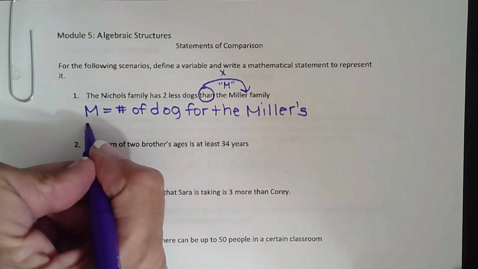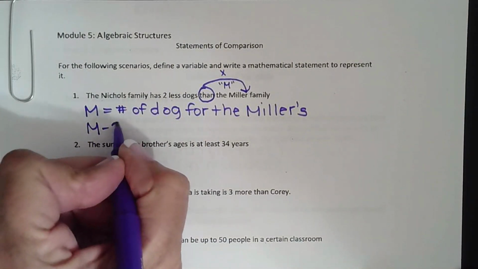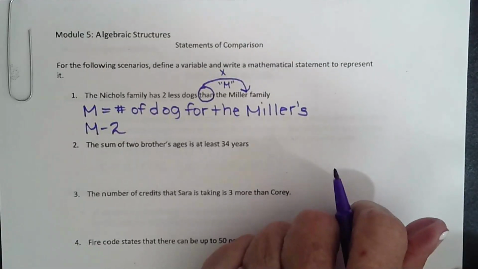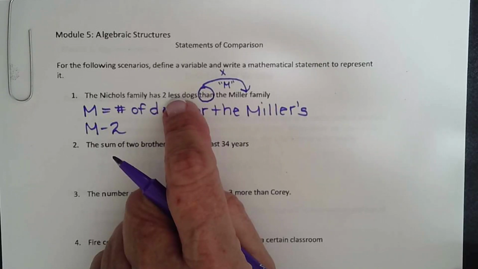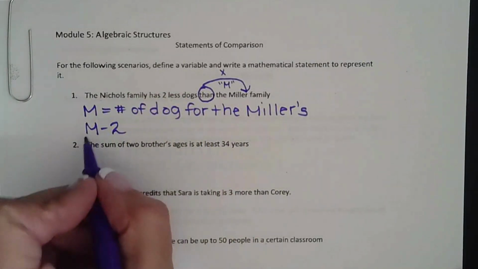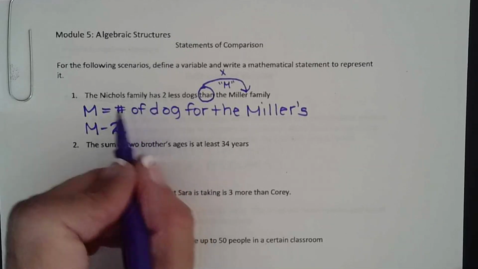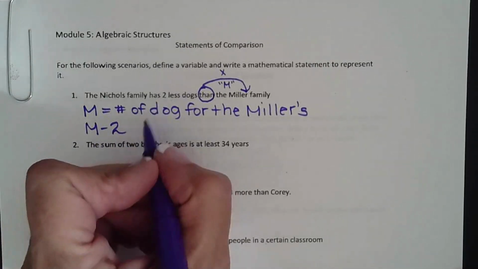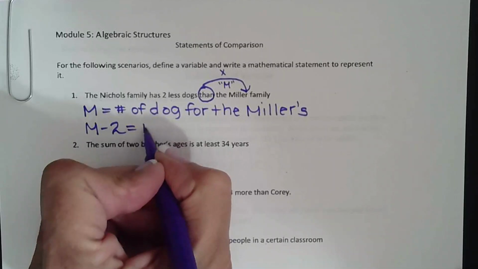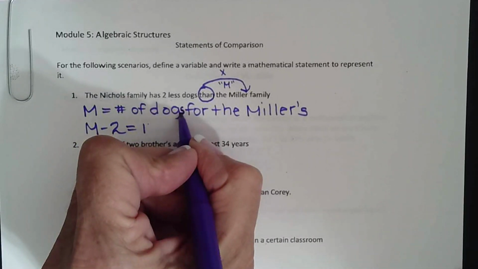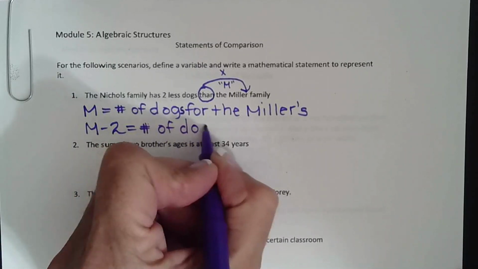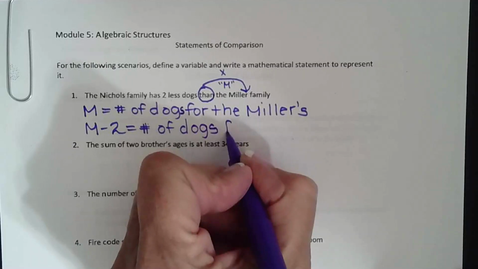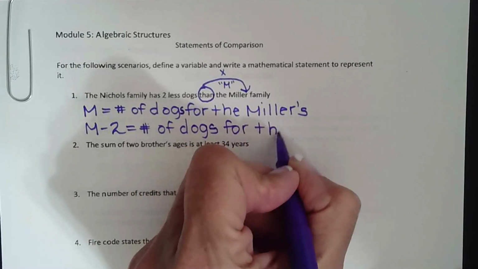Oh, we know how to write that. The Miller family minus 2. Because we know less means subtraction. So the Miller family's dogs, their number minus 2 is the number of dogs for the Nichols.